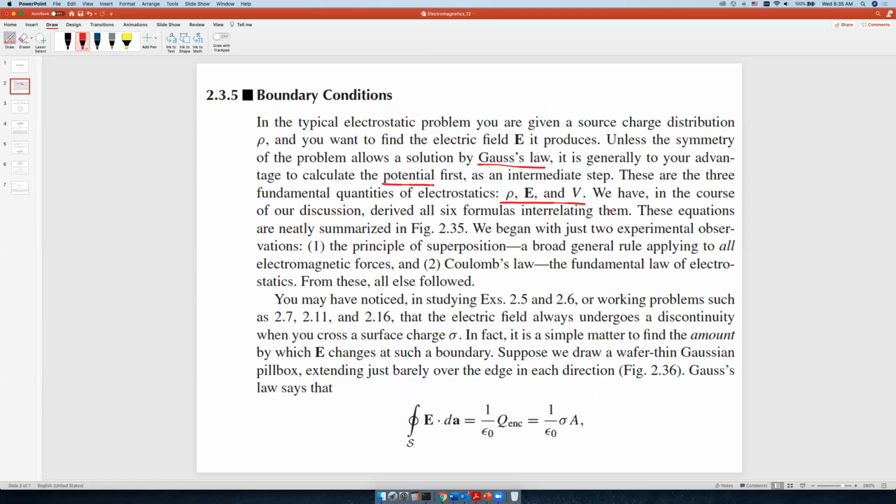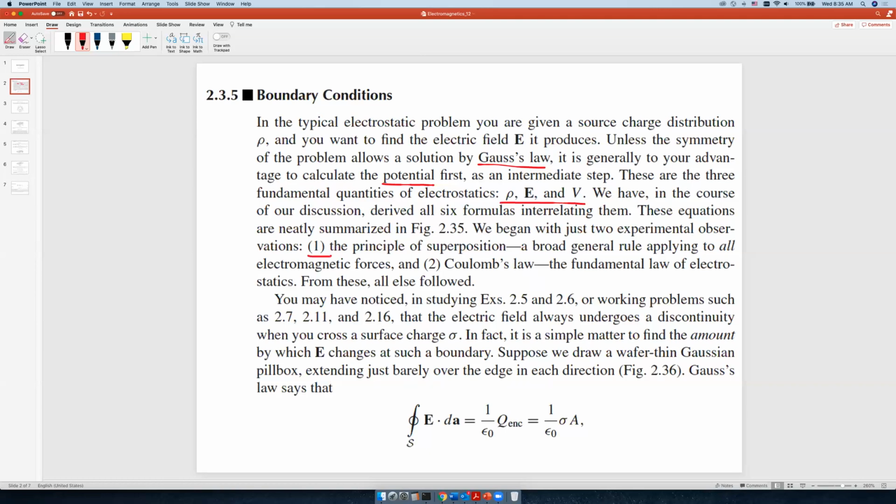Based on these six equations, or the relationships among these three basic quantities, there are two general things, which are based on experimental observations.